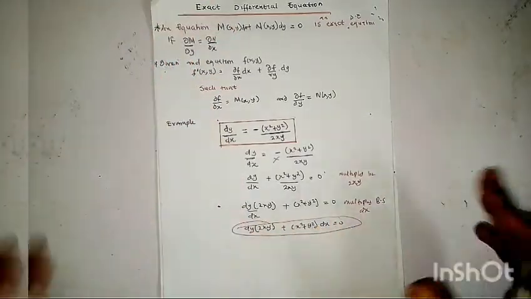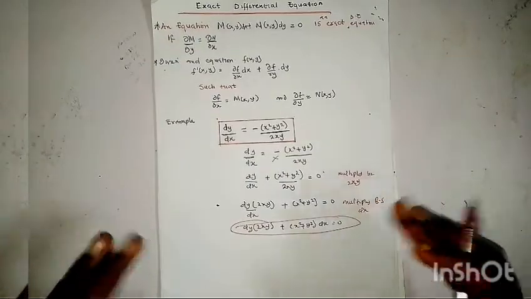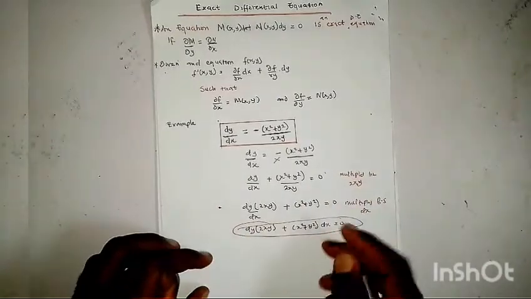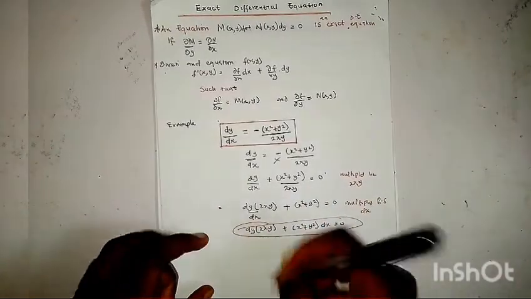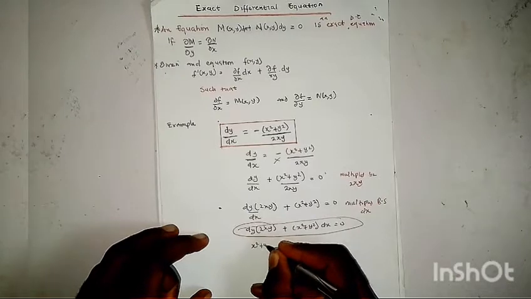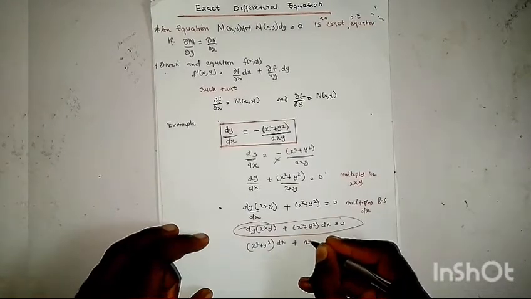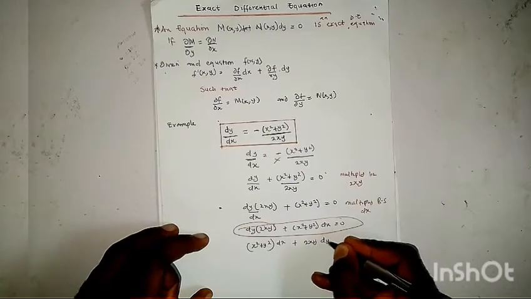Now how do we know if we have expressed this particular equation in the right form? Let's compare. Rewriting this, we have (x squared plus y squared) dx plus 2xy dy equals 0.